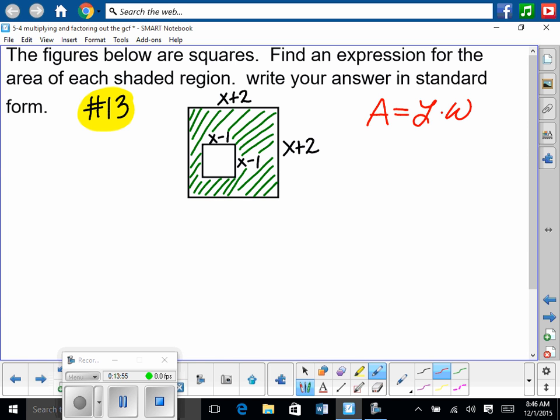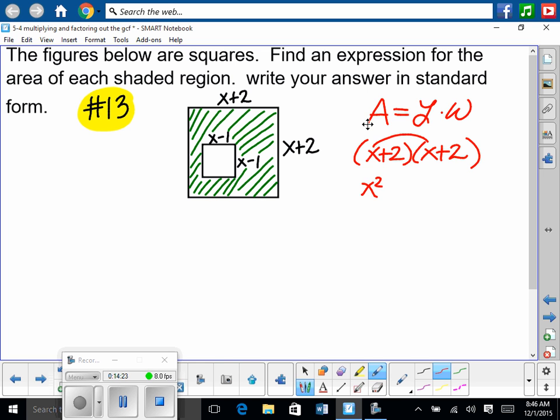So let's think about this, guys. If this white box wasn't here, let's take that white box and throw it off. Couldn't we find the area of all of that really easily? Length times width. So to find the area of the green thing, ignoring the white box, wouldn't we just do x plus 2 times x plus 2? Length times width, right? Okay, let's just do that. We're ignoring the white box for a minute, pretending it's not there. So let's distribute.